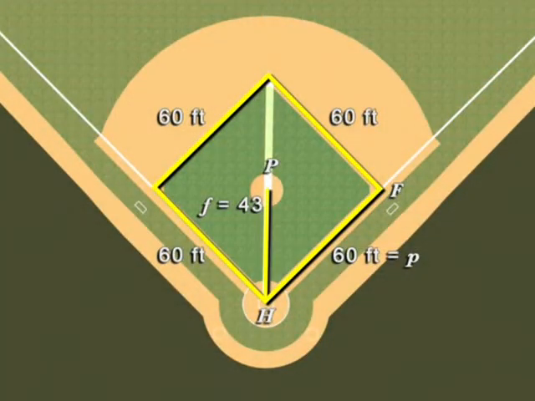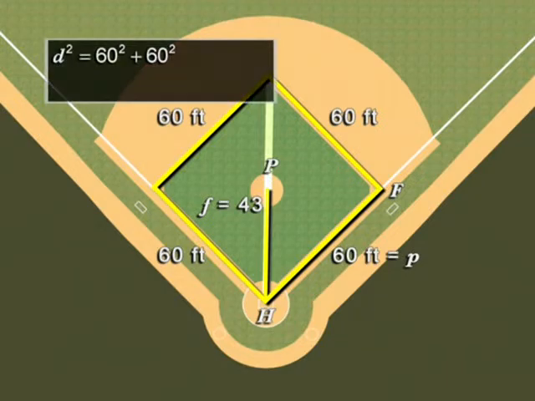So let's do the first question. This will require the Pythagorean theorem, because if you look at the picture, to find d squared, where d is the distance from the home plate to second base, that is 60 squared plus 60 squared, all square rooted. You can see a right triangle with sides 60 by 60 and the right angle at F. And then the hypotenuse would be the line from H going through P and intersecting second base.